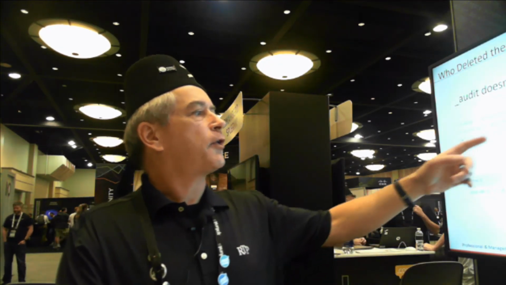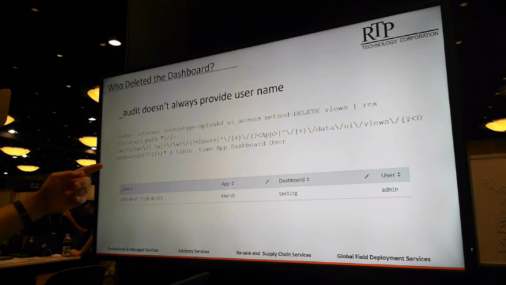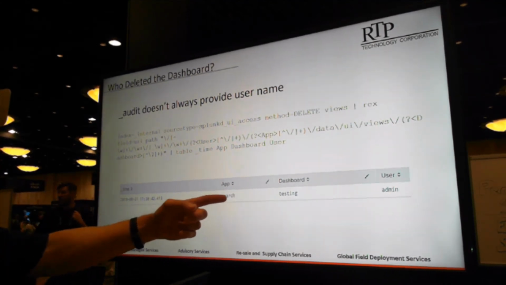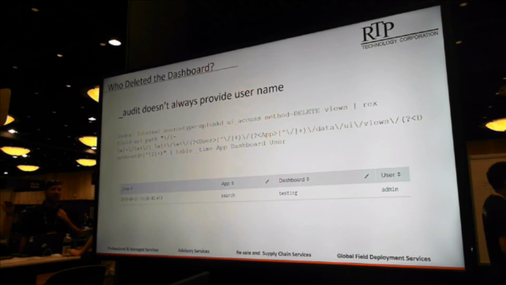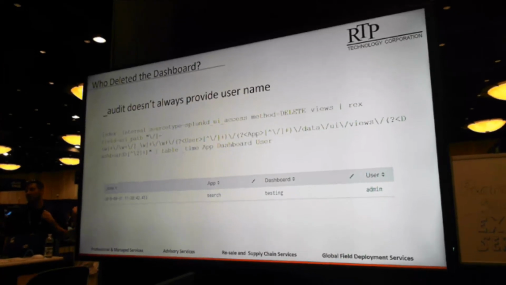If we do a search through that log for the delete method and see who deleted views, we get a list. We see that this particular dashboard was deleted by the admin user at 11:30, just before lunch. So now you can go back to the admin and say, "Why did you delete my dashboard?"